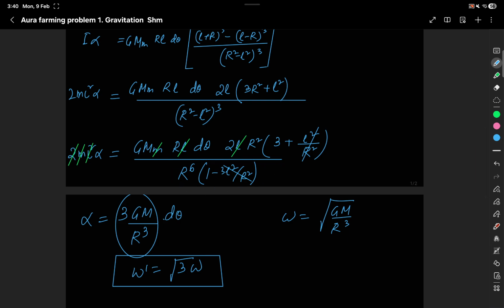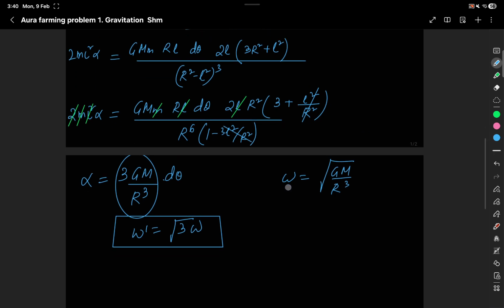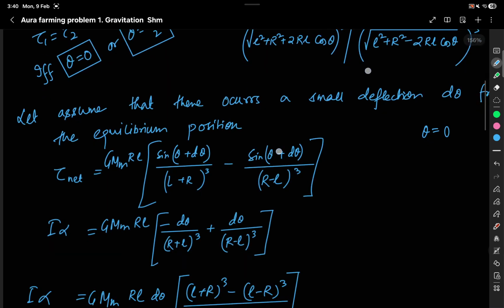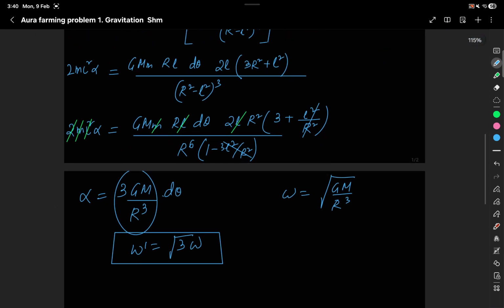In this place you can just neglect this one, you will be getting r to the power 6. This is just a small calculation. In the question it is given that the angular frequency of the small angle oscillation of the satellite about its stable orientation is root 3 times the orbital angular velocity of the satellite. What is the orbital angular velocity of the satellite? For a satellite, v equals root over GM by r, and omega will be v by r, so this will be 1 by r. If you take this r inside, it is root over GM by r cube.